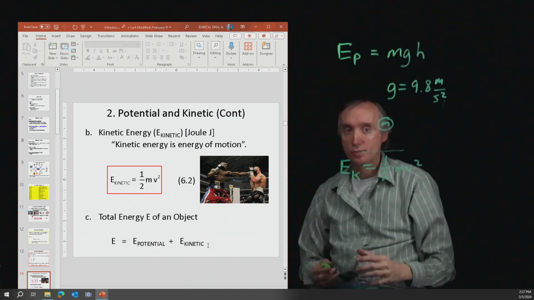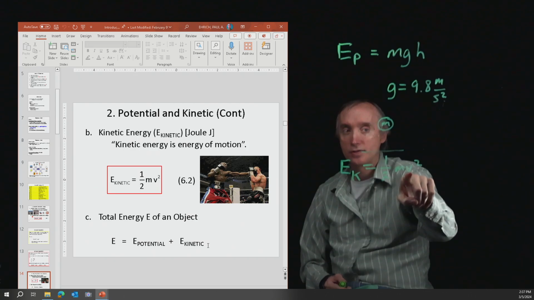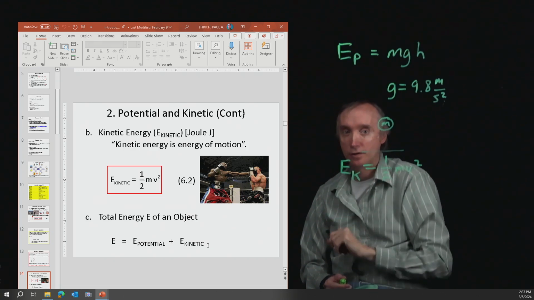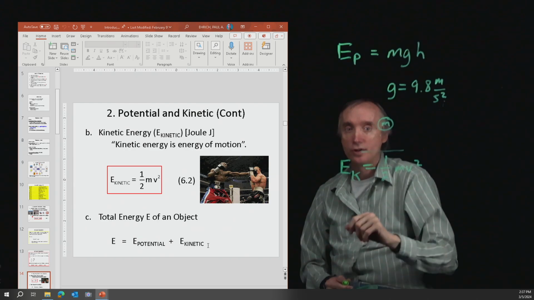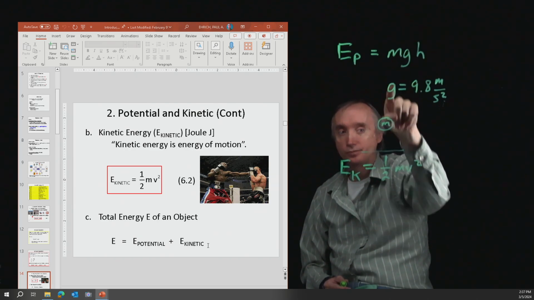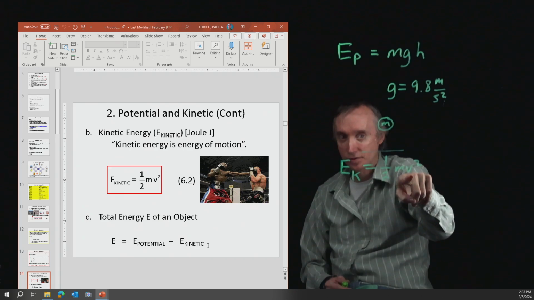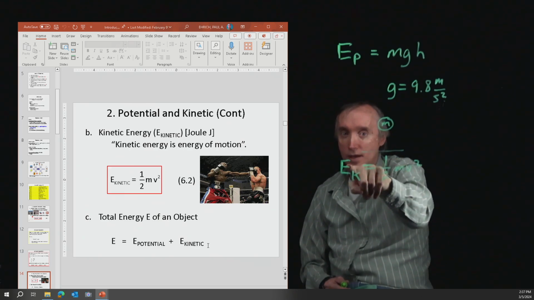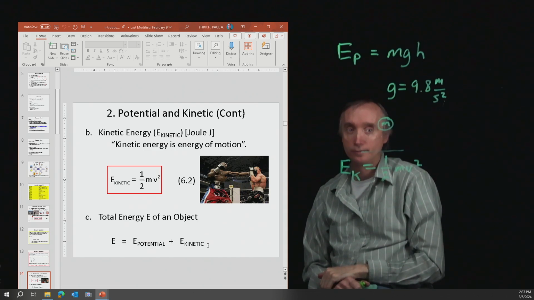If something is moving, it has a certain velocity v, which means it has kinetic energy. Notice it also depends on mass, just like this one up here did, but it depends on how fast it's moving. So if it's not moving, v is equal to 0, and it has no kinetic energy.